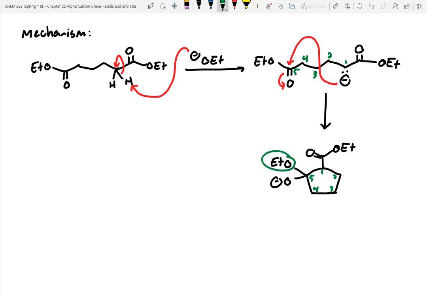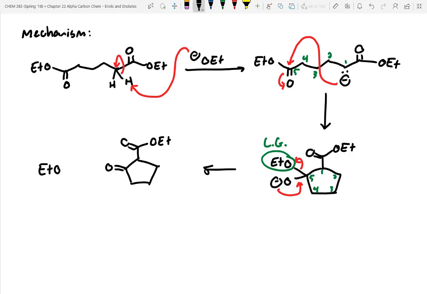So now we've got this good leaving group, or decent leaving group, I should say. So we can clamp down, kick this off. We still have all of these functional groups. We've regenerated our double bond.